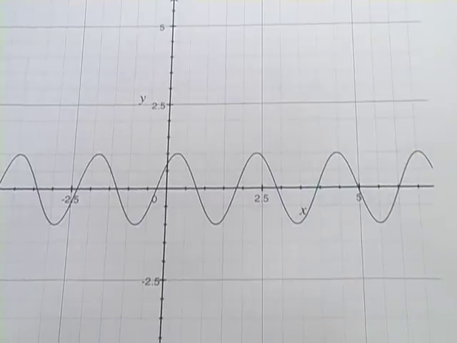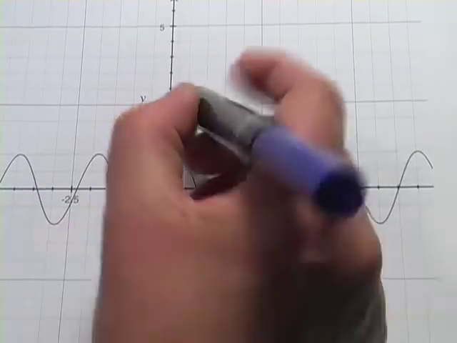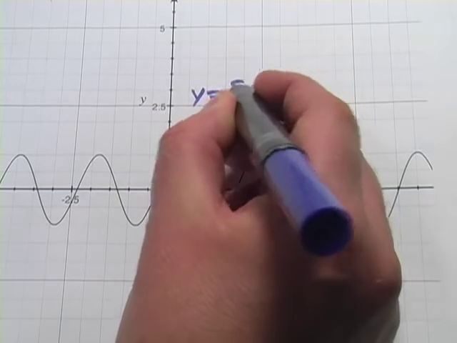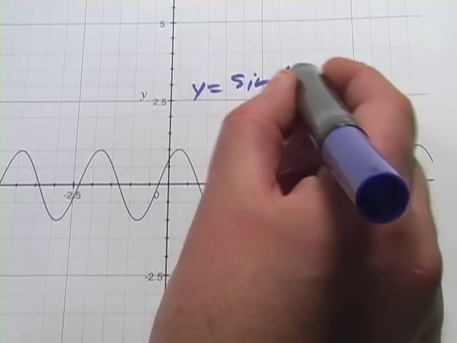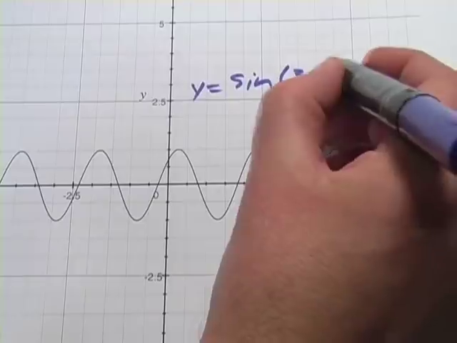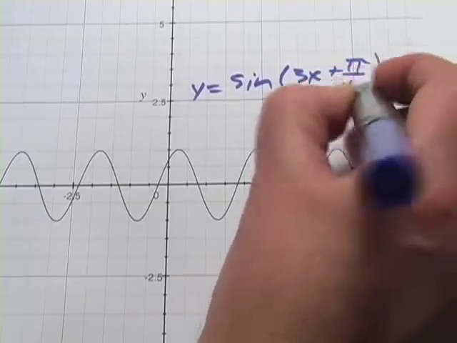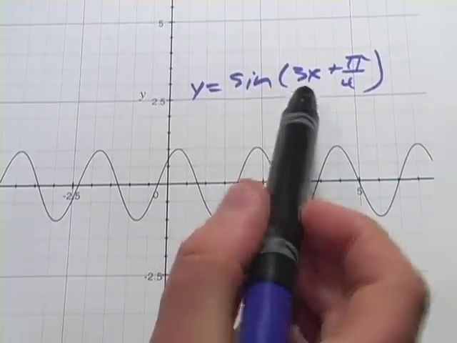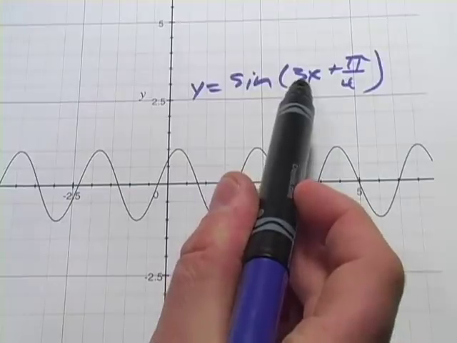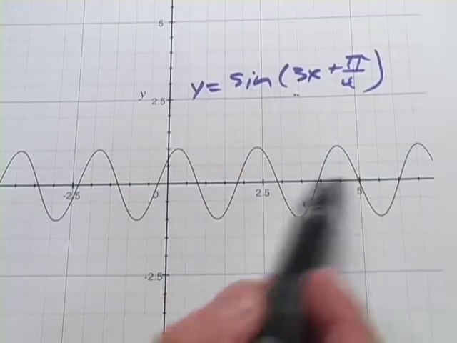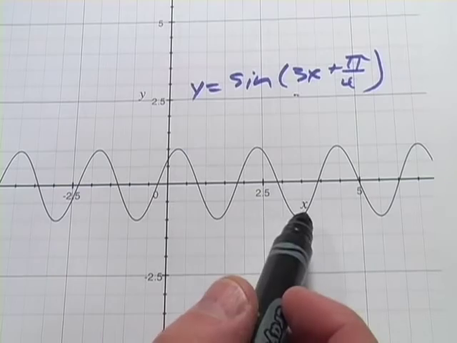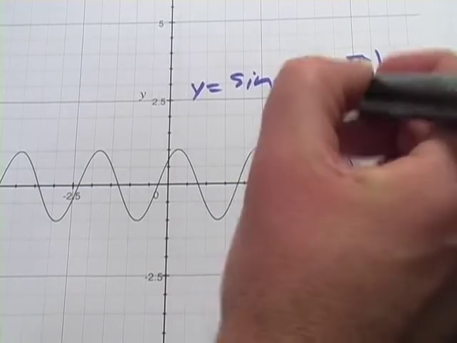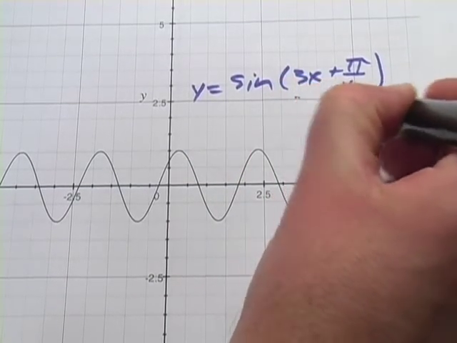Now this one is slightly more complicated. This is y equals sine of (3x plus pi over 4). And what we've done here, we're altering the period by multiplying the x. So we've got 3 periods in that 2 pi length. But we've also done what's called a phase shift by adding here.